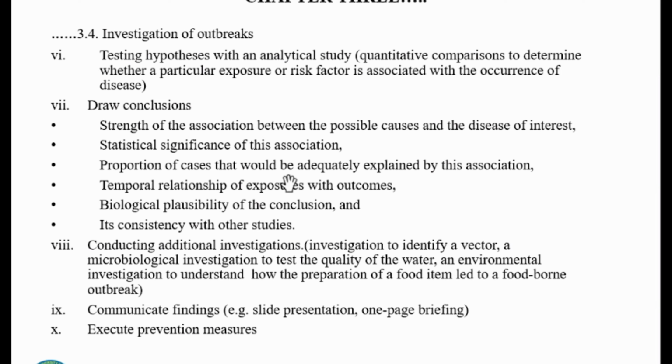Communicate findings. Communication of the findings is also covered in another chapter on how to communicate, because it depends on whom you are going to communicate to. Is it a policymaker? Is it a scientist group? Because if it is a scientist group, then you need to present your scientific issues with the names of microbials, contaminants, and all other scientific terminologies you can use in your presentation.